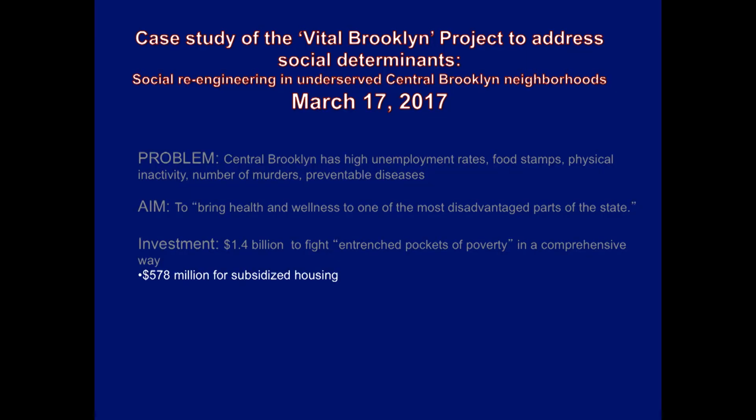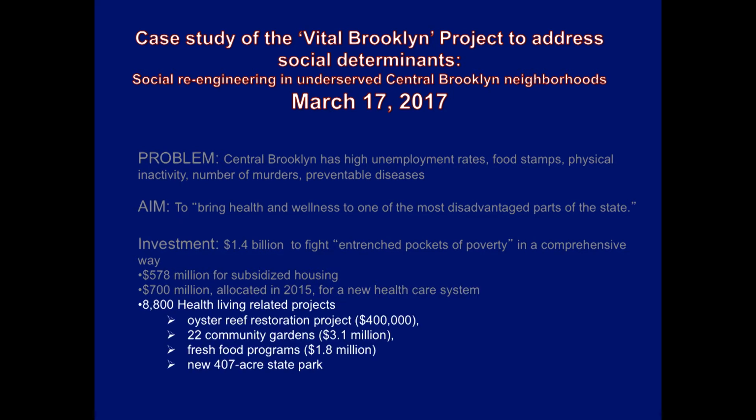So anyway, $600 million will go into housing. That's his plan, right? The other $700 million, he wants to create a new healthcare system, a system that would create resources for primary care in Central Brooklyn so that there will be access to healthcare. That's the plan. And how are we going to do it?